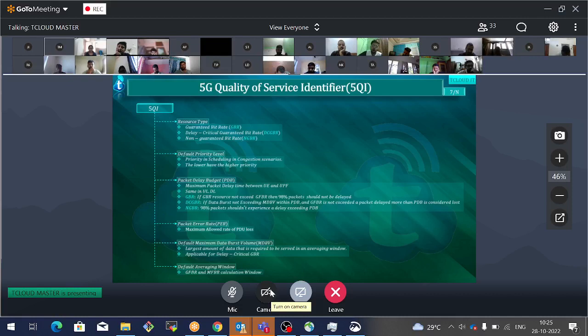That's what this packet delay budget is. And they have identified some particular values for different application types depending on the 5QI values. They've standardized it.